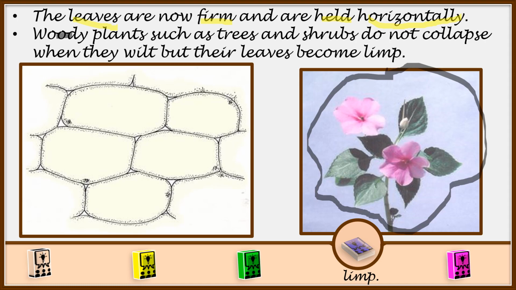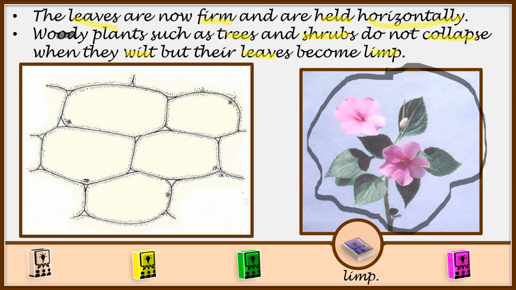Woody plants, such as trees and shrubs, do not collapse when they wilt, but their leaves will limp.